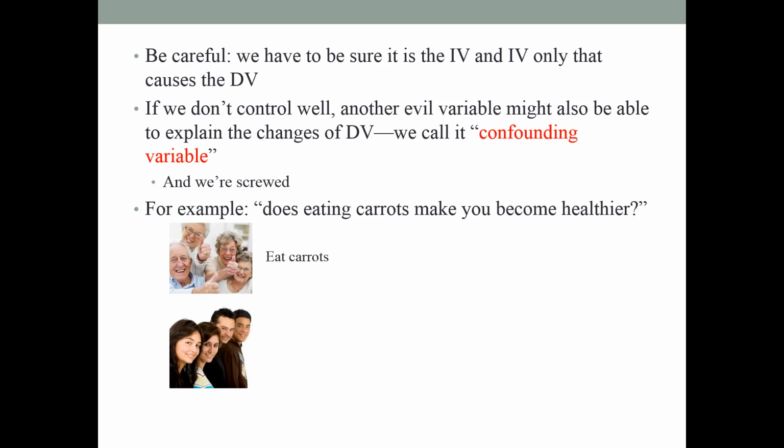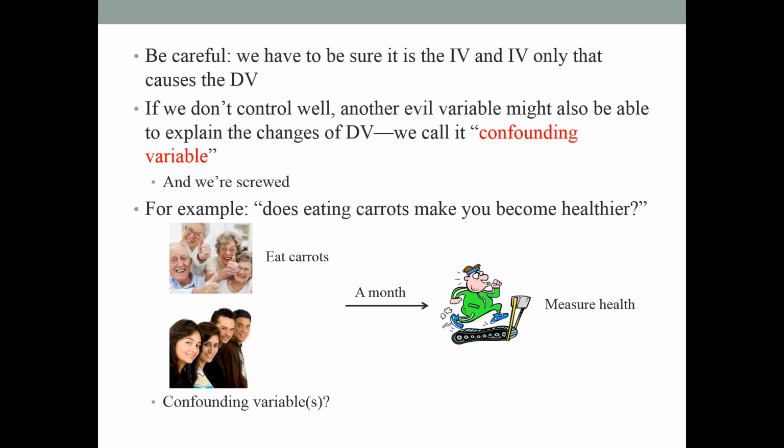One group eats carrots, the other group takes a placebo. The people who eat the carrots eat them for months, and then we measure their health. By the way, what is the placebo? Placebo is something that looks like carrots, smells like carrots, tastes like carrots, but is not carrots. I don't know how to define it, but you know.